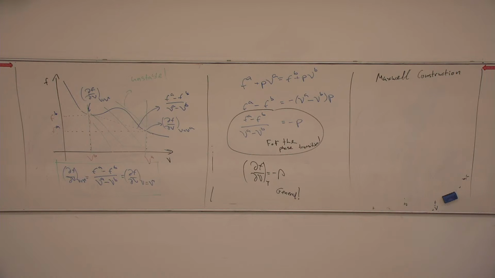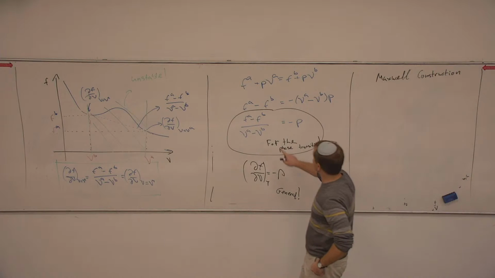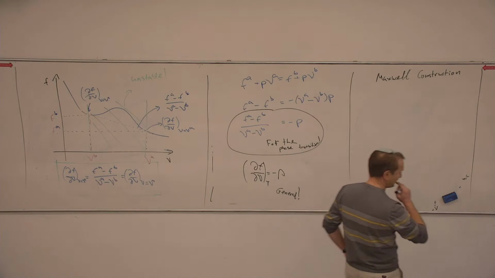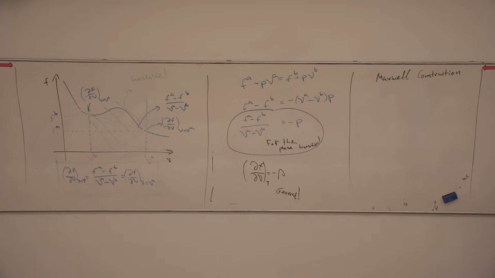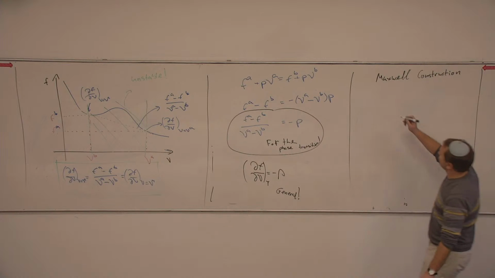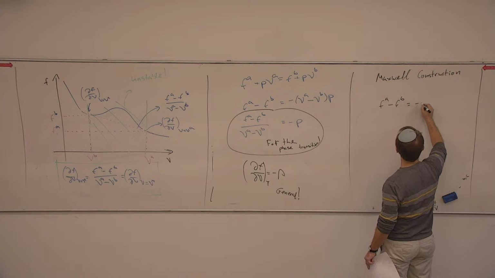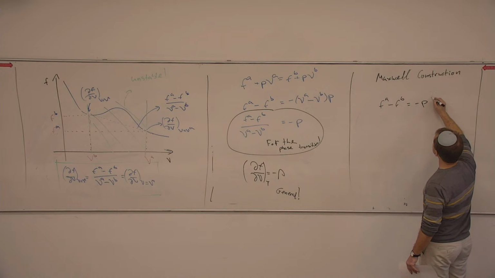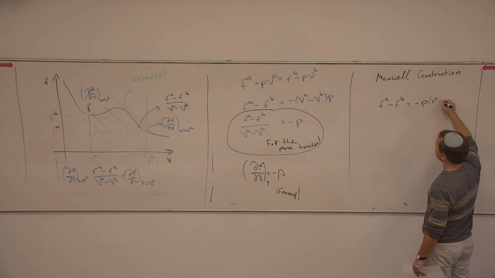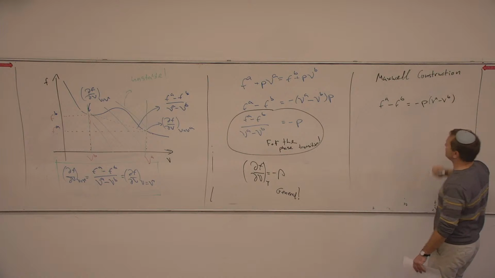Now, let's go back to this equation. So, what we know is that Fa minus Fb equals minus P multiplied by Va minus Vb.